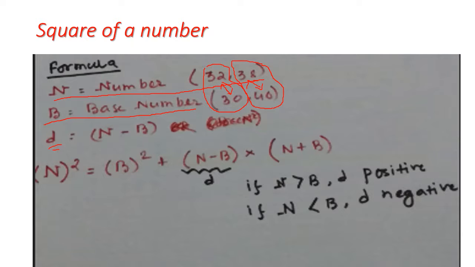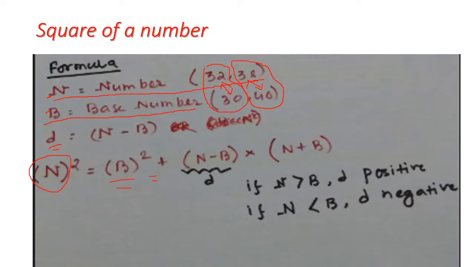So to find out the square, what will be the formula? That is n square, the number square, is equal to base square plus n minus b, that is 32 minus 30 or 38 minus 40, as we have seen in the example, cross n plus b.